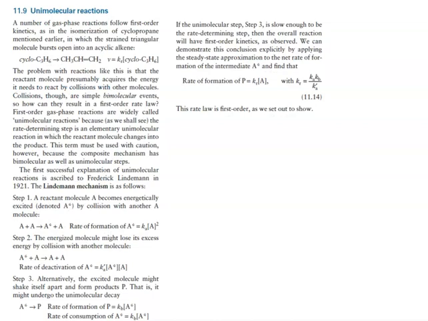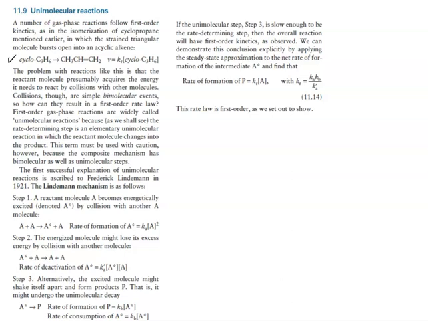So, unimolecular reactions. A number of gas phase reactions follow first-order kinetics, as in the isomerization of cyclopropane mentioned earlier, in which the strained triangular molecules burst open into an acyclic alkene. In this particular case, the cyclopropane is our reactant, and it opens to the following product, this acyclic alkene.